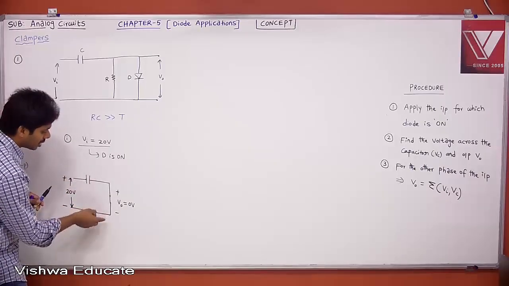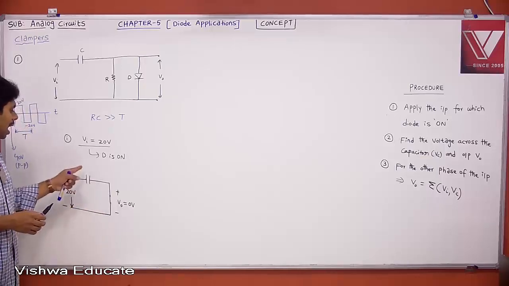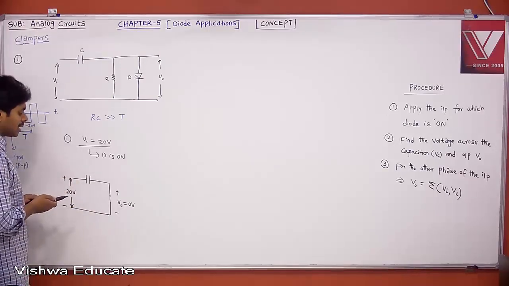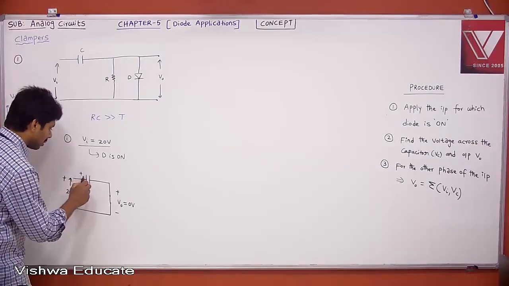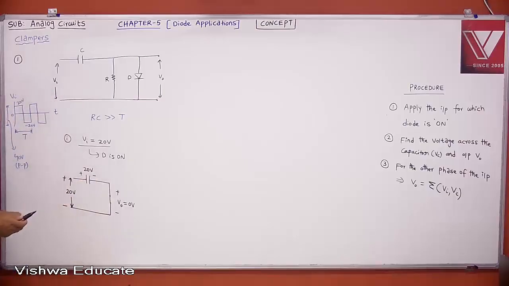What is the time constant? It is equal to 0, because R is 0, so R into C is 0. Within 0 time the capacitor will be charged instantaneously. Therefore, the voltage across the capacitor is 20 volt for the first half cycle.